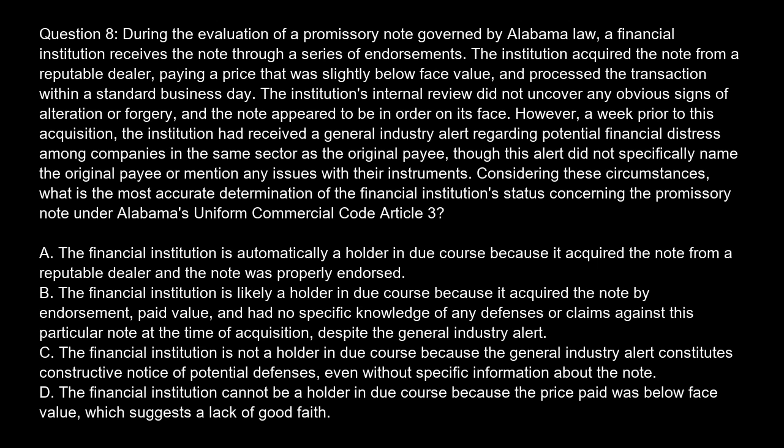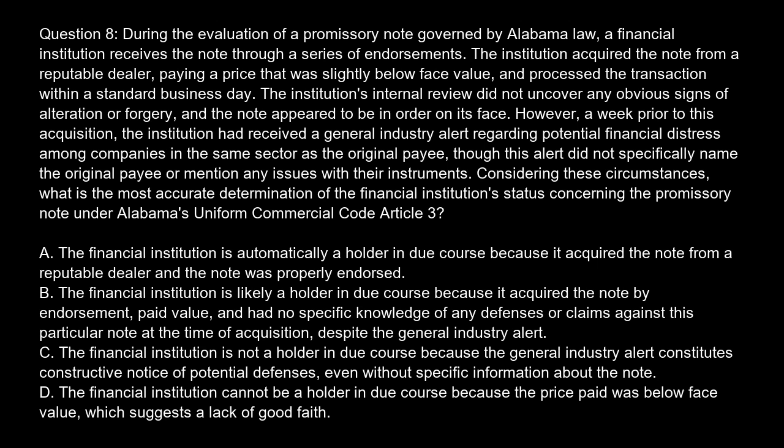Option A. The financial institution is automatically a holder in due course because it acquired the note from a reputable dealer and the note was properly endorsed. Option B. The financial institution is likely a holder in due course because it acquired the note by endorsement, paid value, and had no specific knowledge of any defenses or claims against this particular note at the time of acquisition, despite the general industry alert.